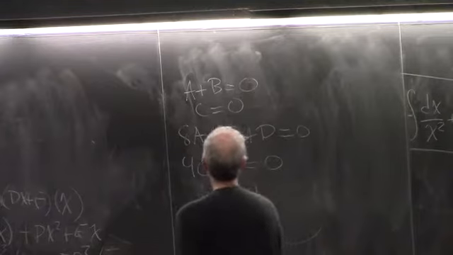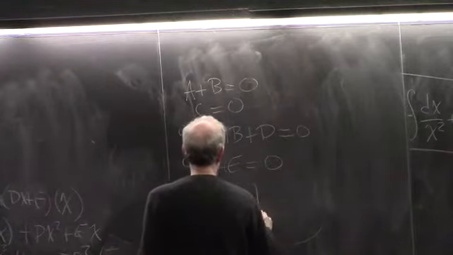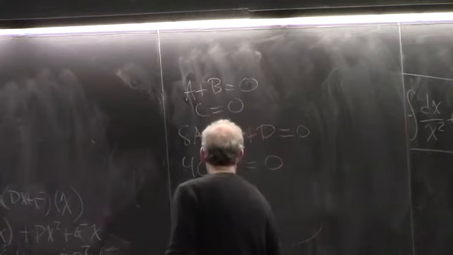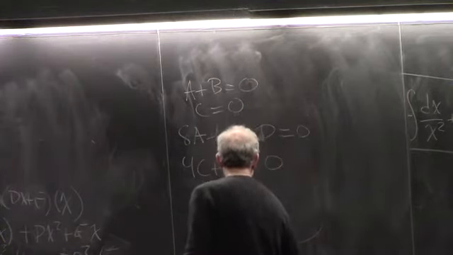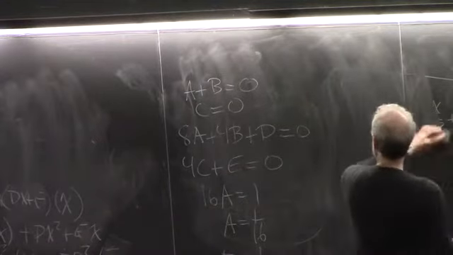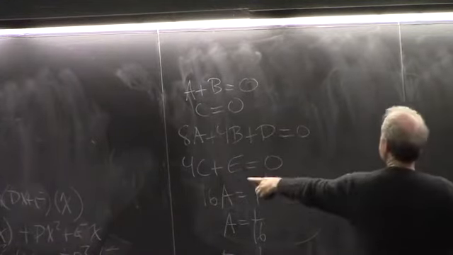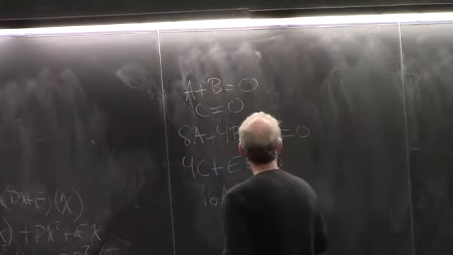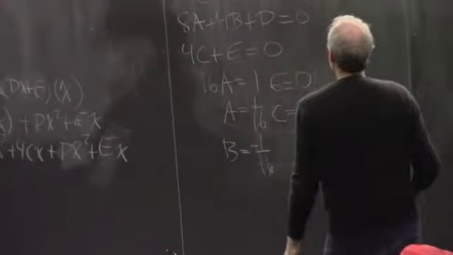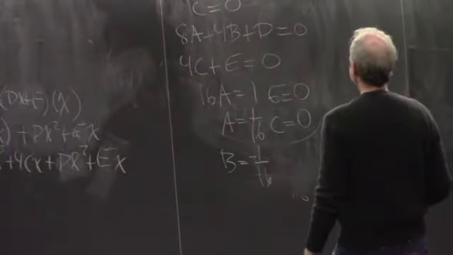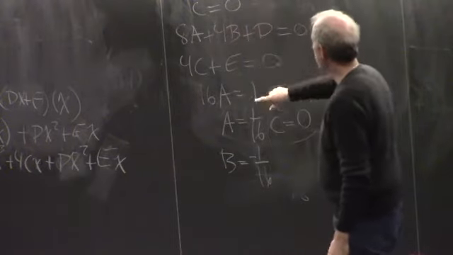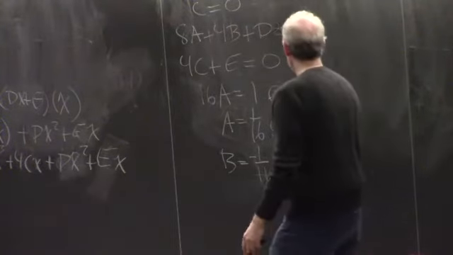So now we know a is 1/16. And since a plus b is 0, b is minus 1/16. We already know c is 0. And 4c plus e is 0, so e is 0. And d, let's see, that would be 8/16 is a half, minus a quarter, so that's a quarter plus d is 0.